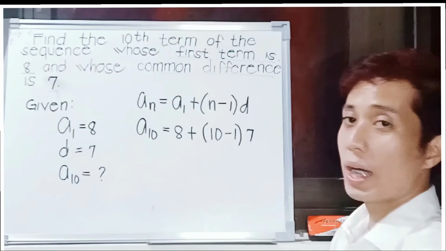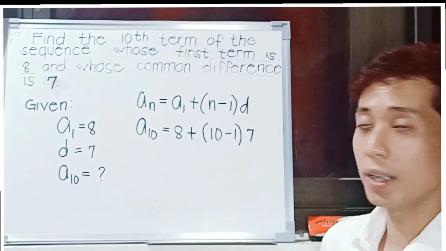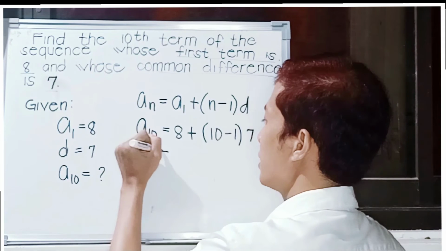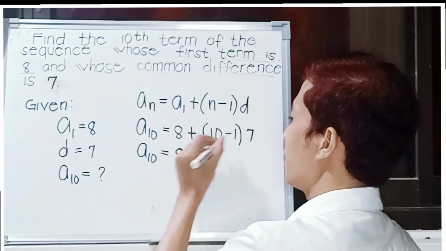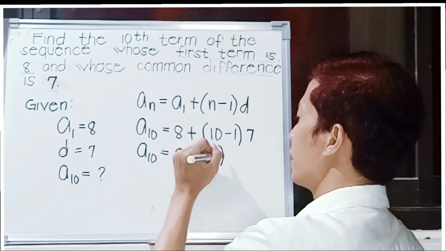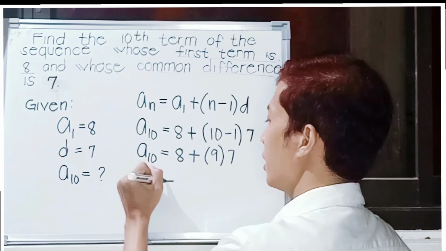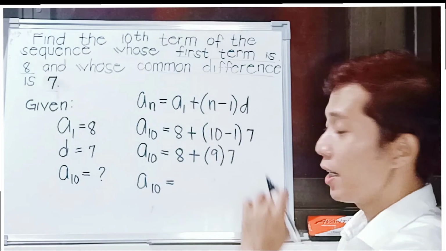First subtract 10 by 1, so what is 10 minus 1? Basic na basic, that is equal to 9. So we now have a sub 10 is equal to 8 plus 10 minus 1, that is 9, times 7. A sub 10 equals, so here you're going to multiply 9 and 7 first.